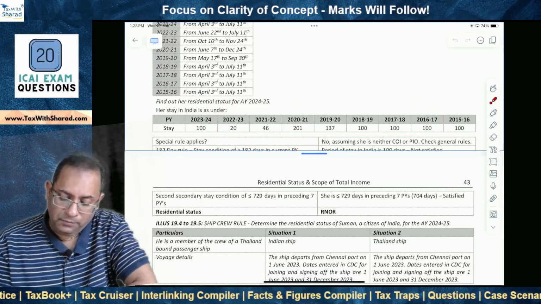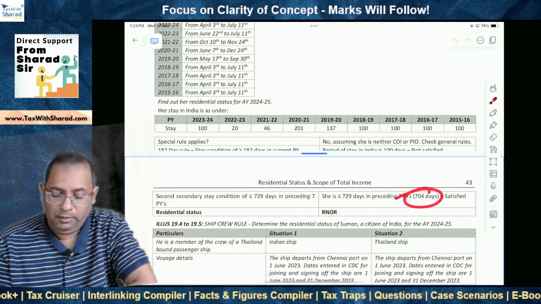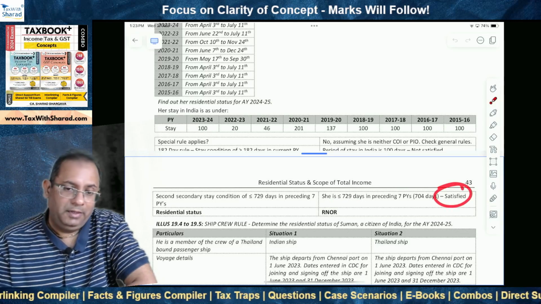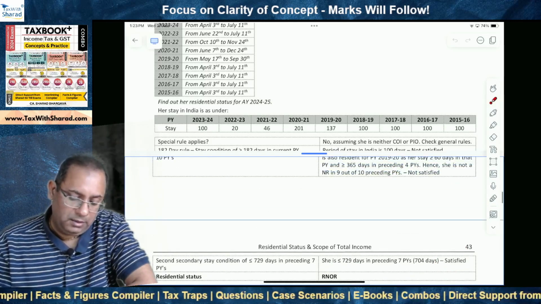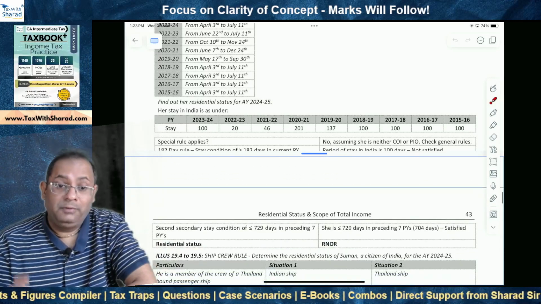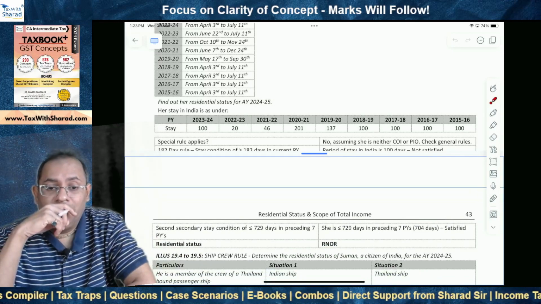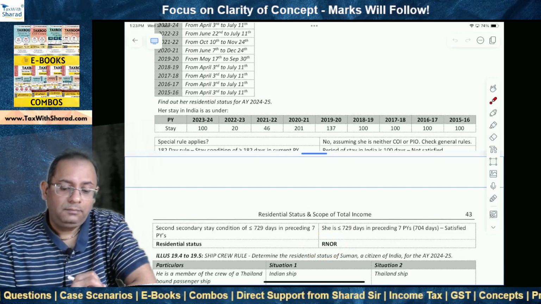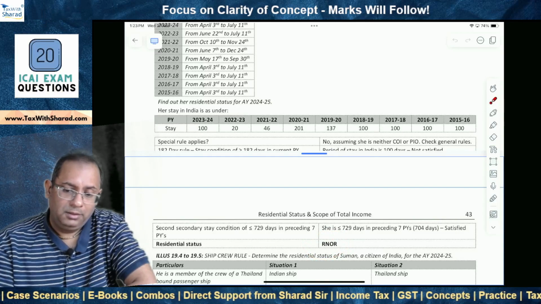If you add these, it will come to 704 days. So this is 729 days or less, and therefore this is satisfied. Since one of these 2 secondary stay conditions is satisfied, what will be the residential status? The residential status will be that of a RNOR. So this will be the answer to this question.